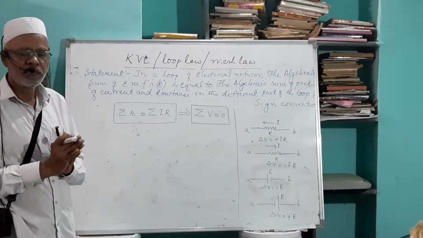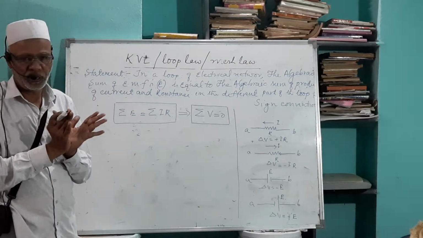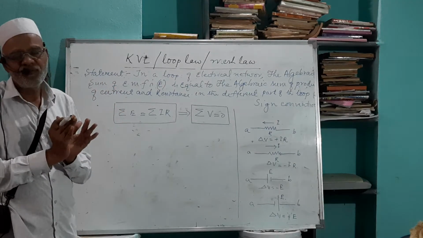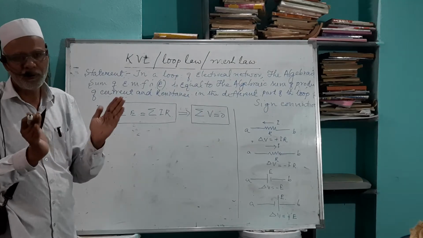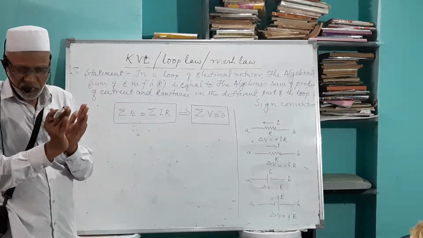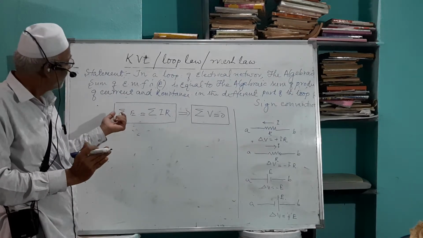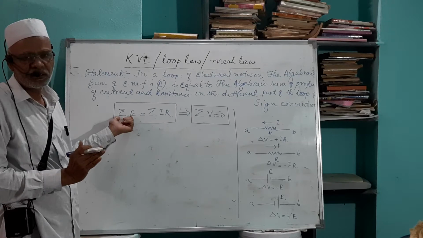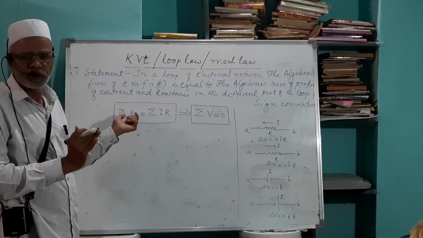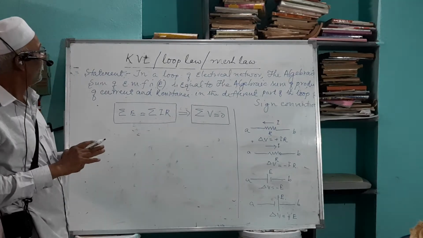Say, for example, there are 4 resistances, so you will find 4 IR products, and you have to add them. The total IR product is equal to the algebraic sum of EMF of the whole circuit. This is the content of this mathematical expression.